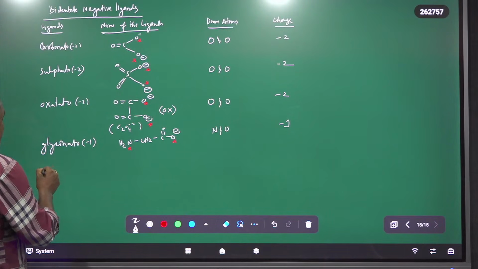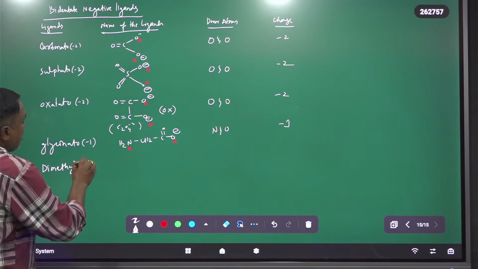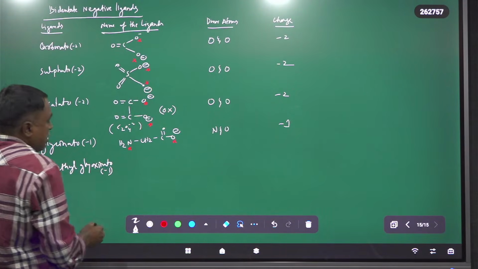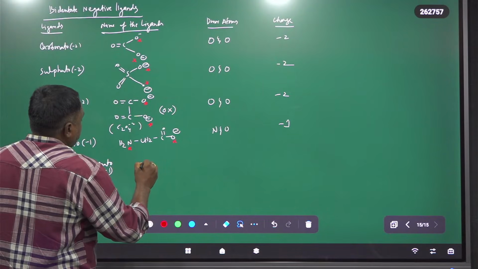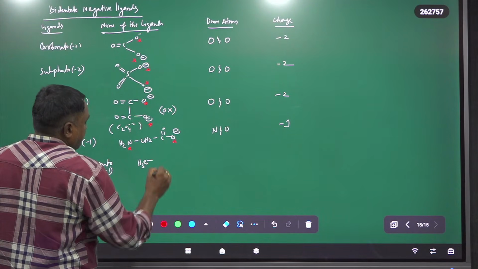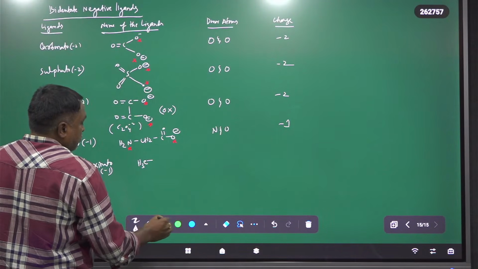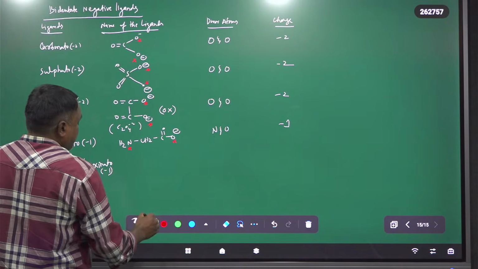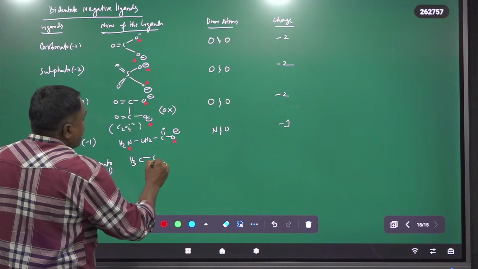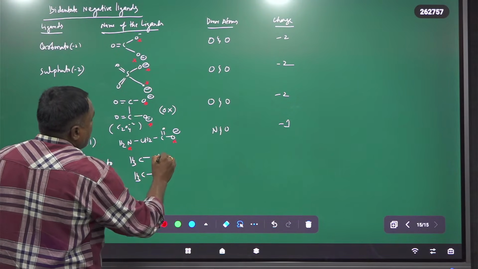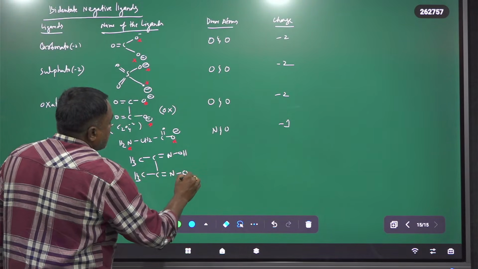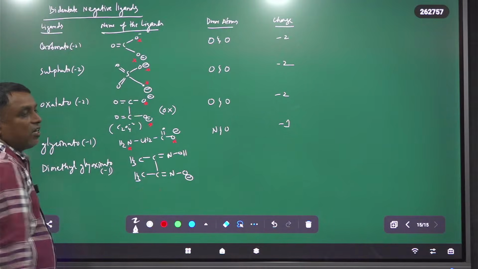And dimethyl glyoximato, it is very important, minus 1. Dimethyl glyoxime is CH3 C CH3 double bond NOH, and this is double bond NO minus, having one negative charge.